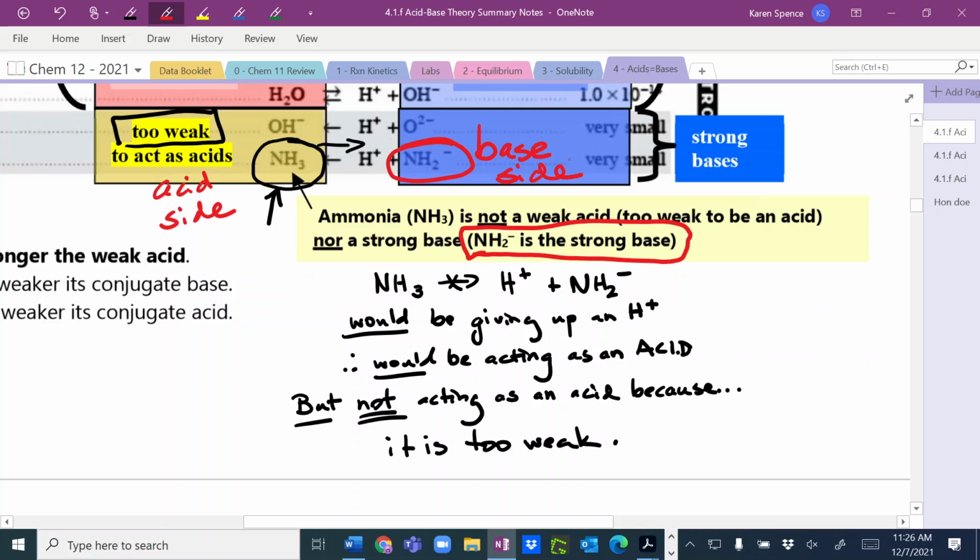The acids on the acid side in that gray box are too weak to act as acids, but on the right-hand side, those are our strong bases, and so they will accept protons and not give them back. Okay?